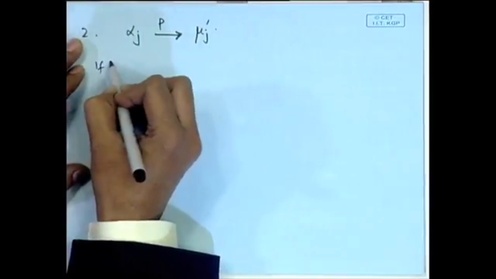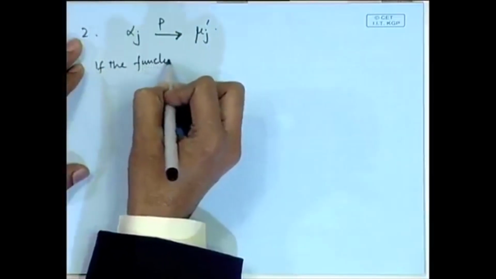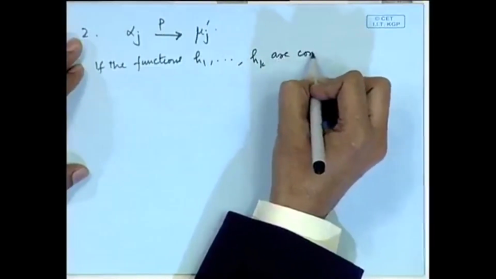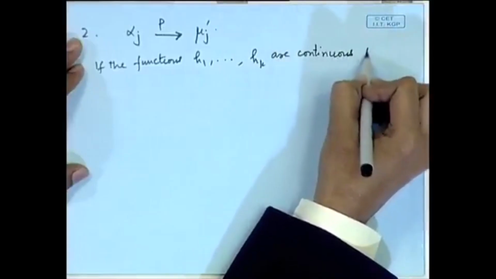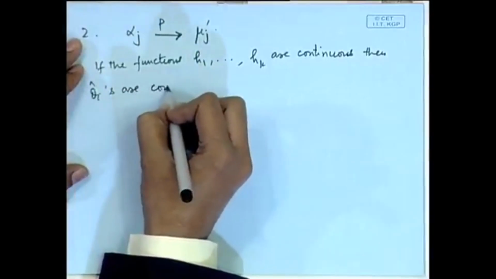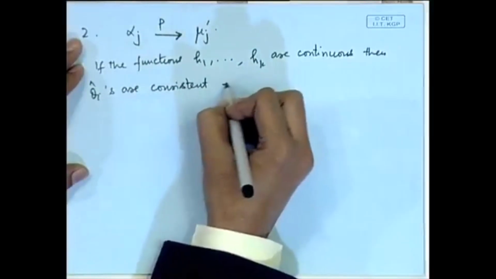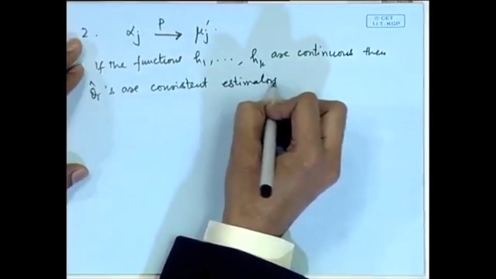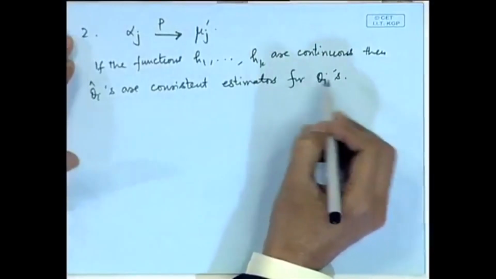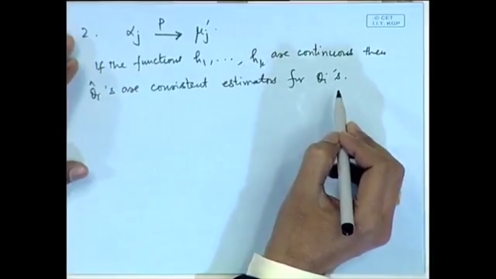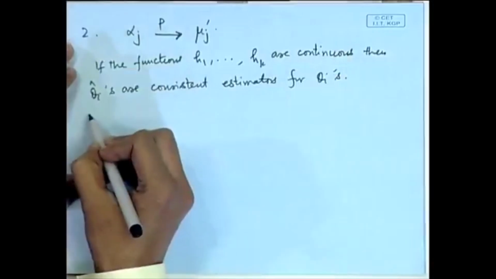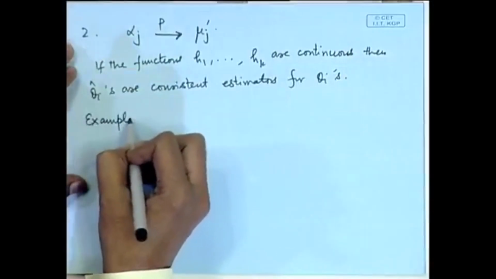So, if the functions h 1, h 2, ..., h k are continuous, then theta i hats are consistent estimators for theta i's. So, consistency may be true, and in most of the practical cases this may actually happen. However, unbiasedness is not guaranteed. Let me explain this method by solving certain examples.